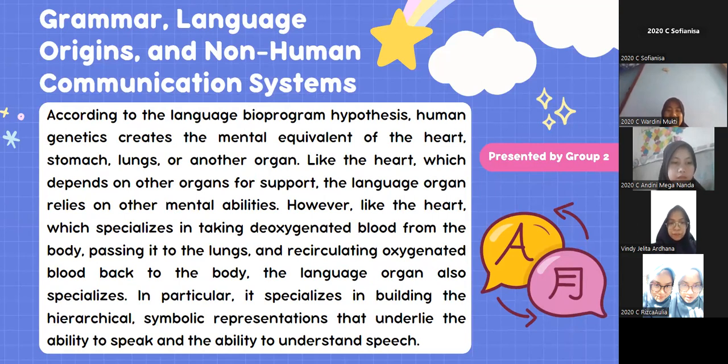However, like the heart, which specializes in taking deoxygenated blood from the body, passing it into the lungs, and recirculating oxygenated blood back to the body, the language organ also specializes in particular. It specializes in building the hierarchical symbolic representations that underlie the ability to speak and the ability to understand speech.